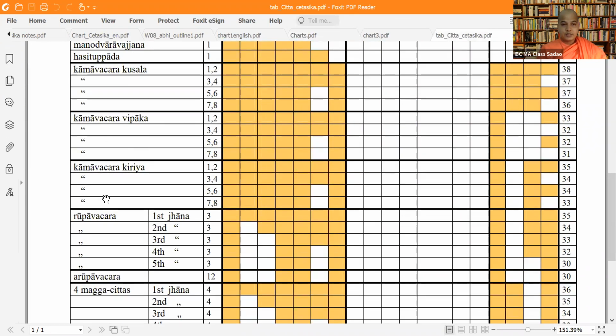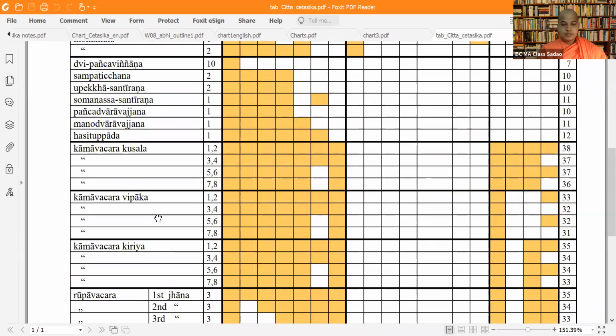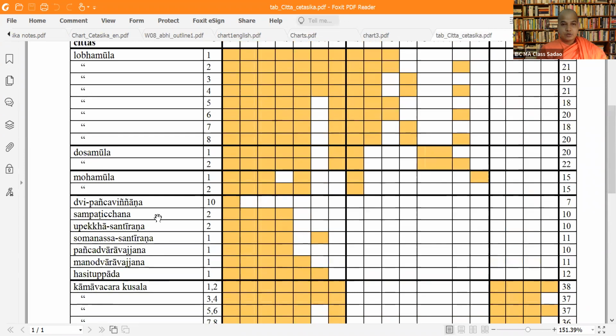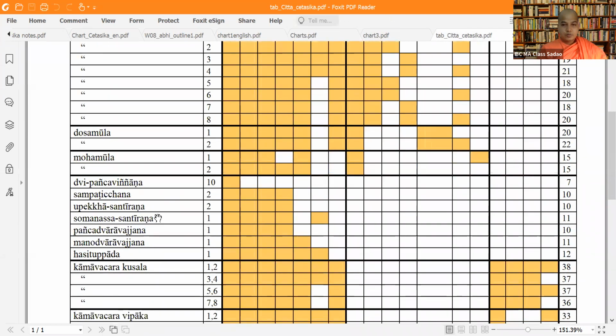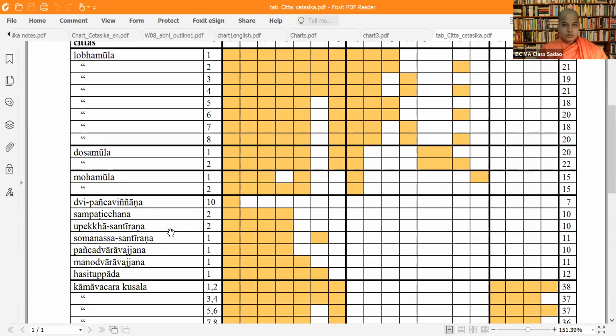Until here is Kamavachara chitta. So there are altogether 54, but this appears in 44. Dvipancha Vijnana. In these 10 chittas, it doesn't appear.